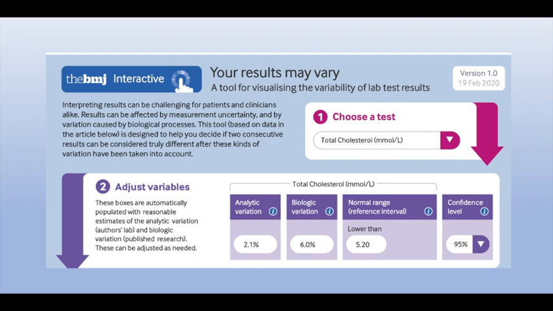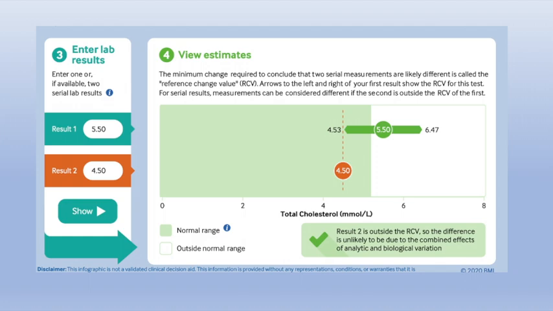The analytical variation for total cholesterol is 2.1%, and the biological variation is 6%. Applying the reference change value to a total cholesterol of 5.5 would give a range from 4.53 to 6.47.